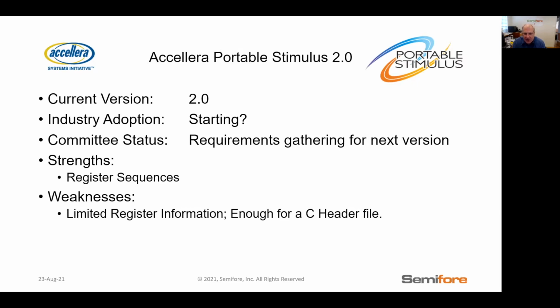Sort of how does one program the IP? And it also incorporates some information about the hardware-software interface, but realistically, it's only enough for a C header file. And so in that regard, it's quite limited.